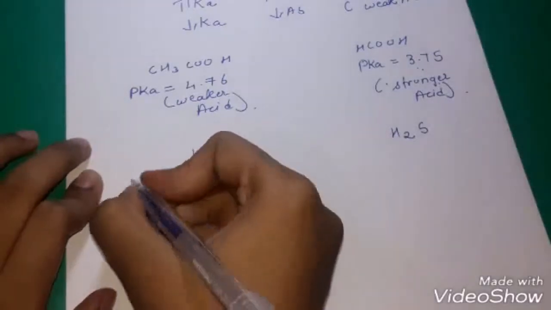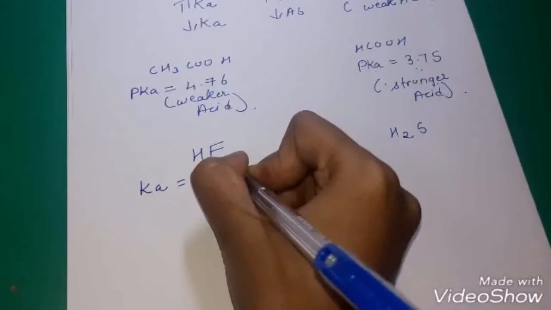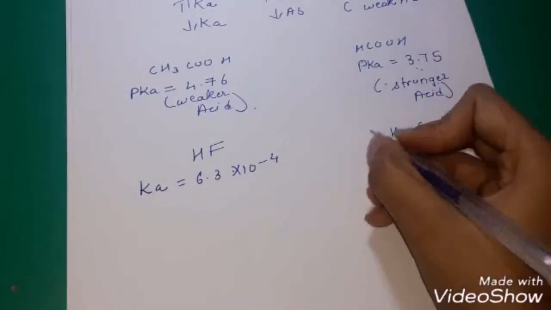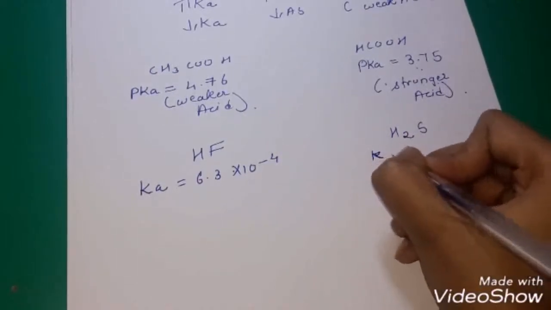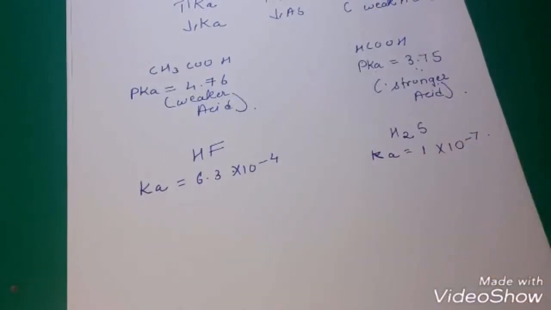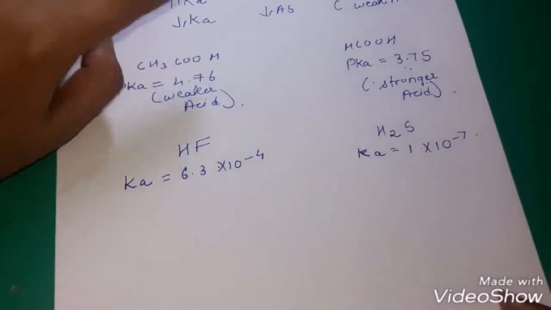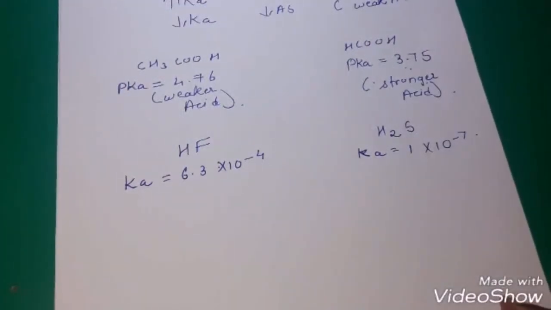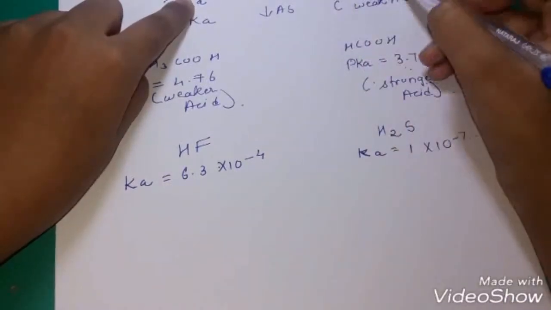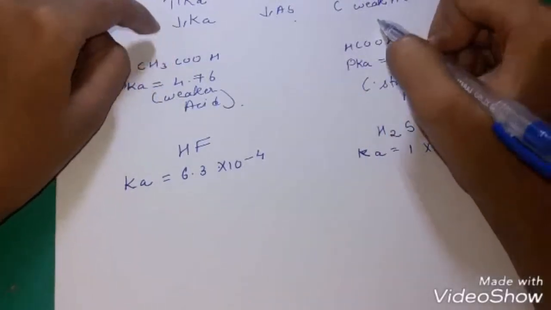The value of Ka for this is 6.3 into 10 to the power minus 4, and the value for this is 1 into 10 to the power minus 7. We have seen Ka relation with acidic strength. They are directly proportional to each other. So if Ka value is high, its acidic strength is high, that means it is a strong acid. If Ka value is low, its acidic strength is low, that means it is a weak acid.